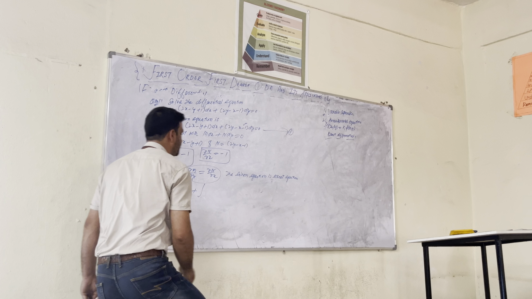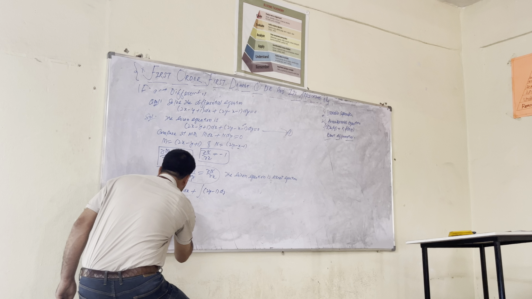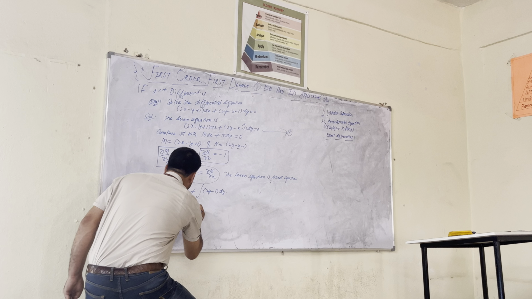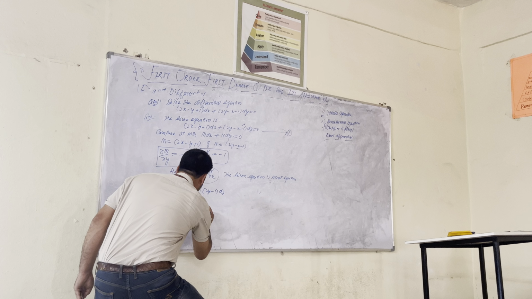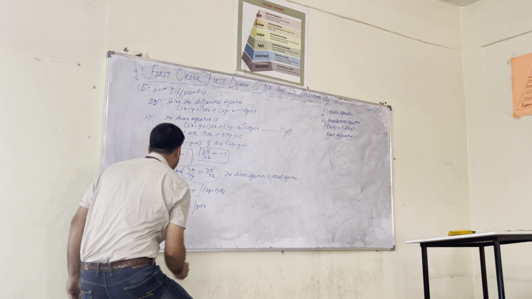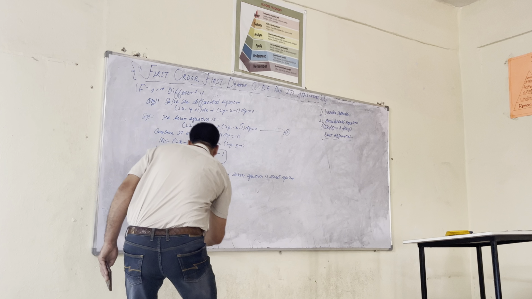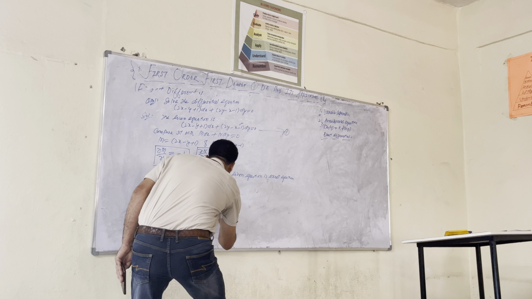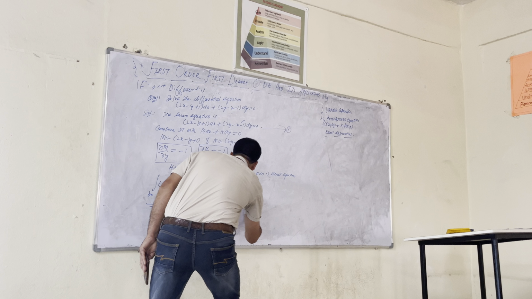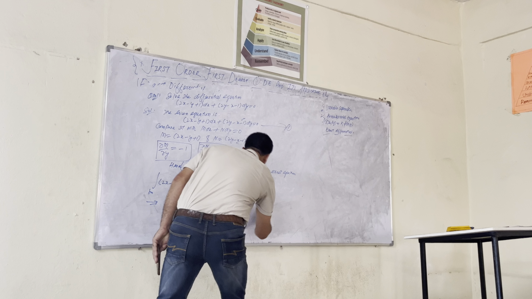So here it will be 2y minus 1 dy, which implies integral of 2x dx minus integral of y dx plus integral of dx plus integral of 2y dy minus integral of dy.